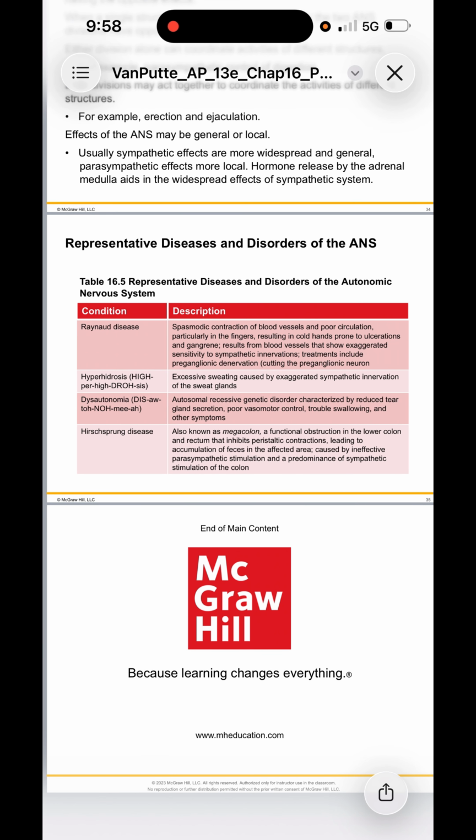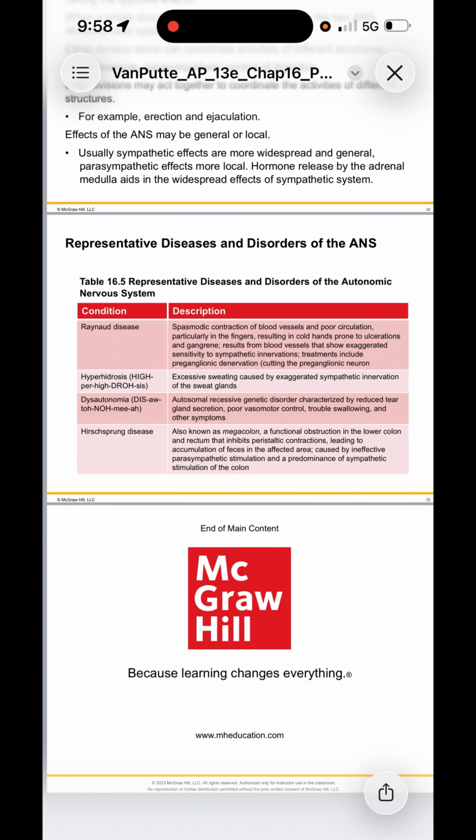Representative diseases and disorders of the ANS. Table 16.5, representative diseases and disorders of the autonomic nervous system. Condition: Raynaud disease. Description: spasmodic contraction of blood vessels and poor circulation, particularly in the fingers, resulting in cold hands, prone to ulcerations and gangrene.